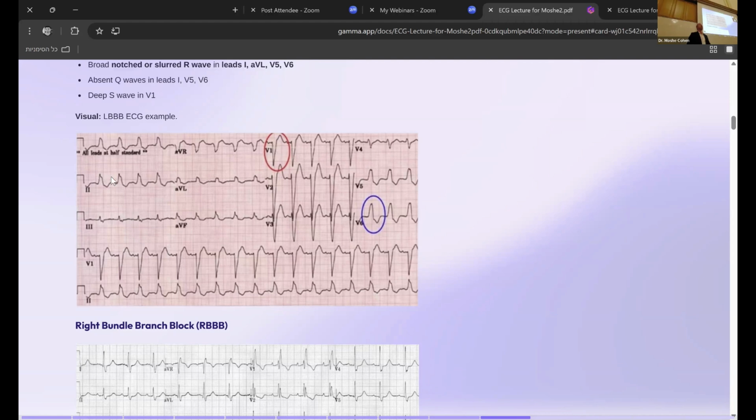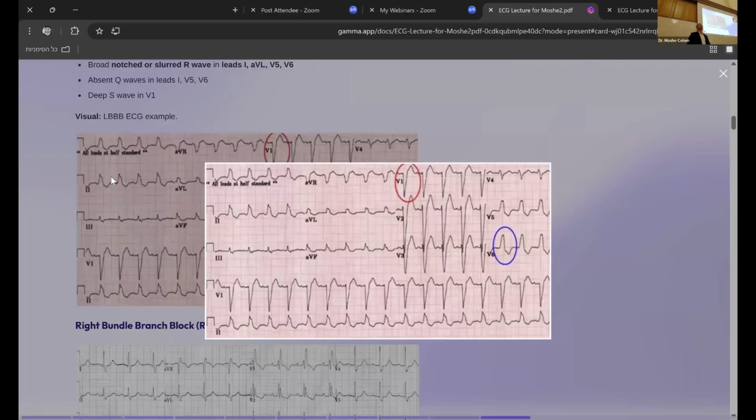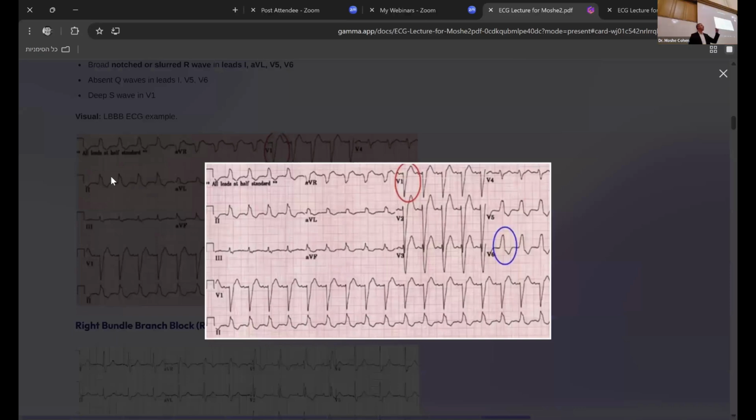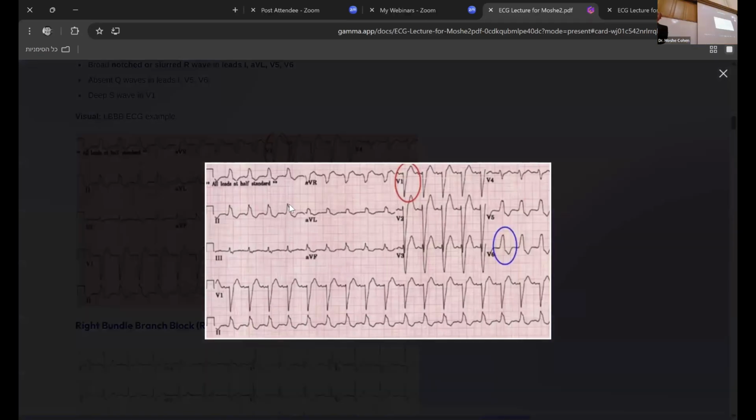Remember, 150. How much is each square? 0.2 seconds. If you have 3 squares, that's 0.6 seconds. So what's the heart rate? 0.6 seconds from R to R. So what's the heart rate? It's 100 beats per minute.